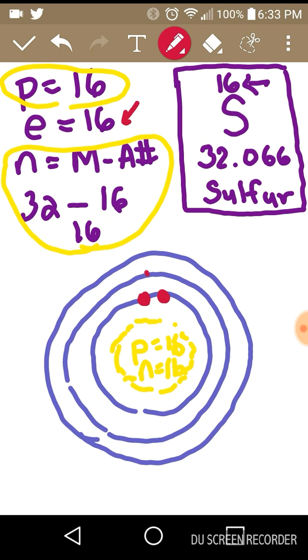So putting them in pairs, and I'm going to go ahead and follow along with the clock model of putting the electrons, so we can keep it consistent. It's going to be one at 12 o'clock, the other one at 3 o'clock, the other one at 6, the other one at 9. Okay, remember we're going to fit up to 8.